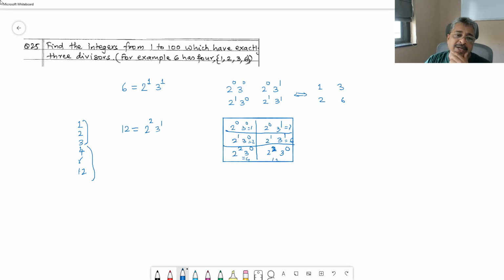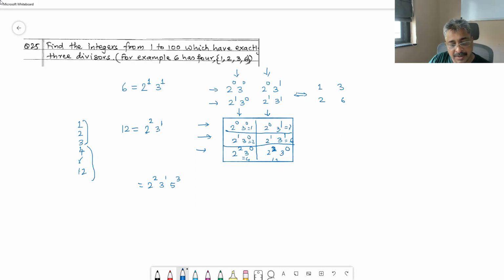So here, when the index of 2 was 1, we had 2 rows. Here the index of 2 was 2, so we had 3 rows, and the index of 3 was 1, so we had 2 columns. Now suppose the number is 2 raised to 2, 3 raised to 1, and say 5 raised to 3.